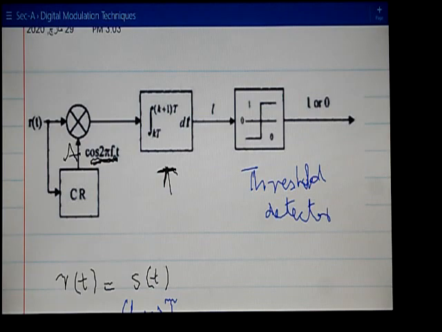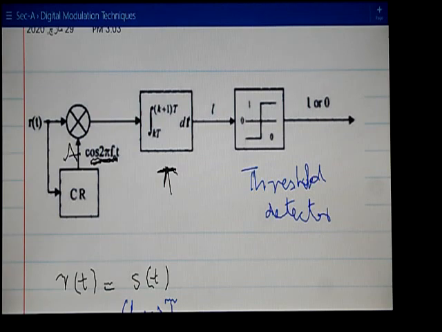If you get a waveform which represents a +1, you would get +1 at the output of the detector. If you received a waveform which represents -1 or a 0, you would get -1 at the output of the threshold detector.